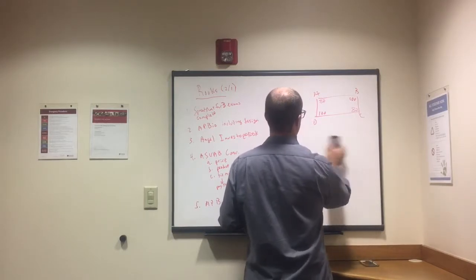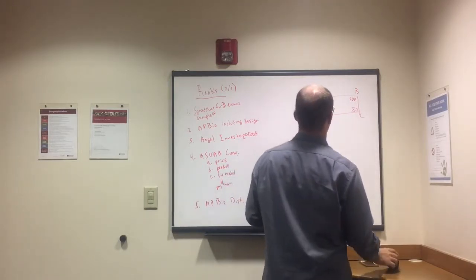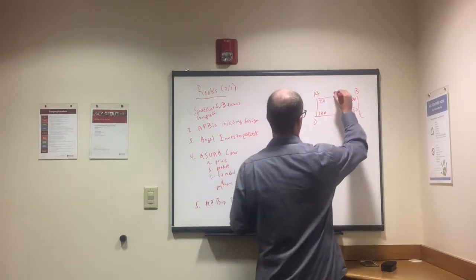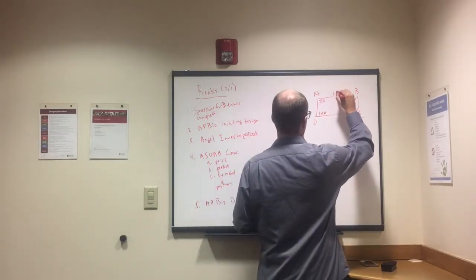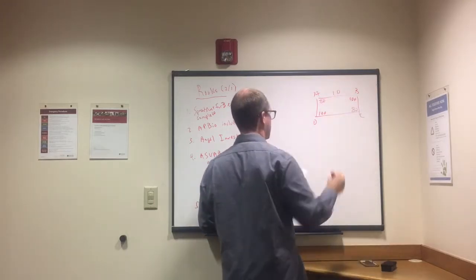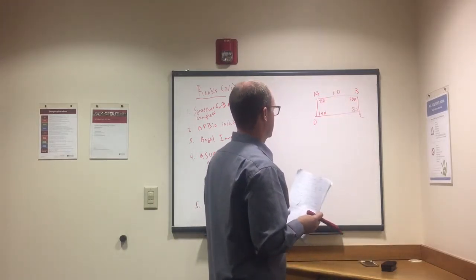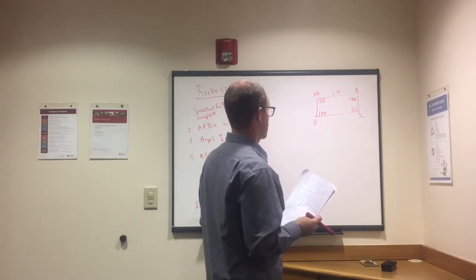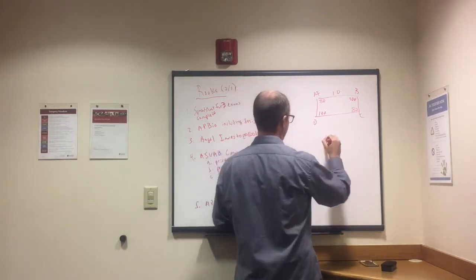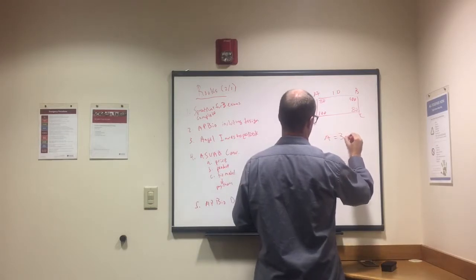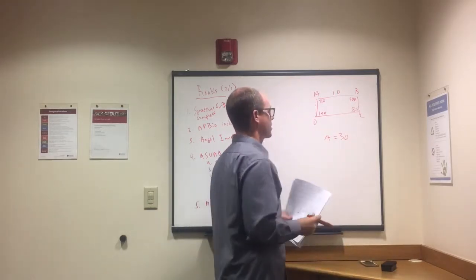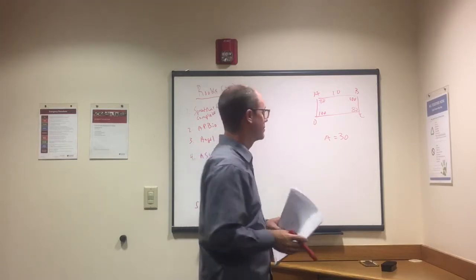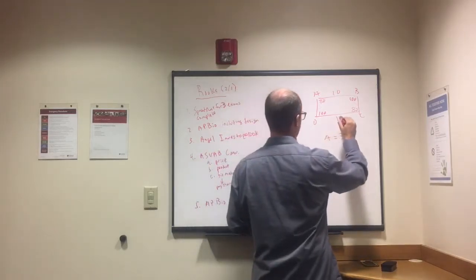Now what if they said line AB was 10 and the area, let's say they said that area was 30. We know that opposite sides have to be equal, so we know this is 10. Well, that doesn't help us at all.